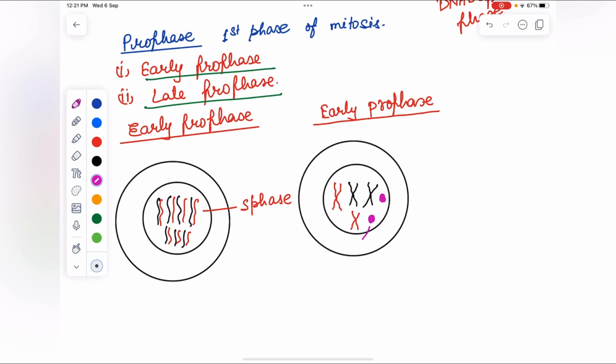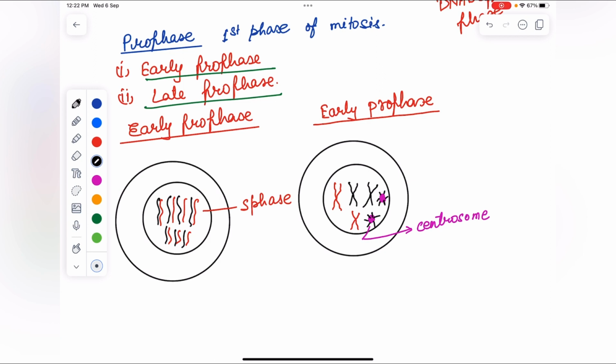The centrosome gets duplicated and starts moving towards the poles. This is the formation of the aster, which will help in the formation of spindle fibers, and these spindle fibers get attached to the chromosomes during cell division.